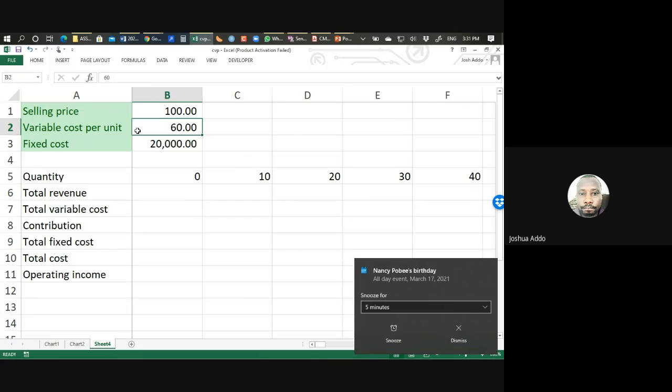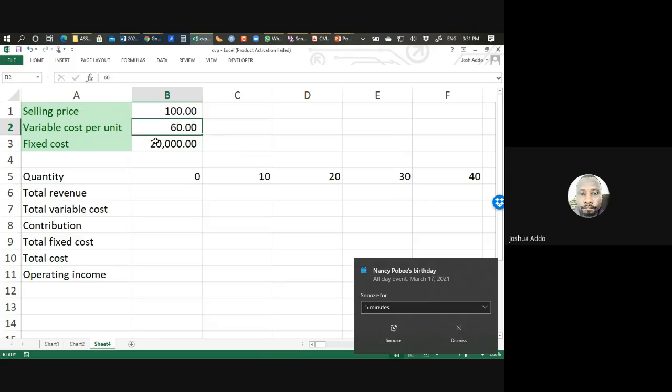What will be the impact on our profitability? So with this new change, what quantity do we have to sell to break even, to make this profit, to make that profit?